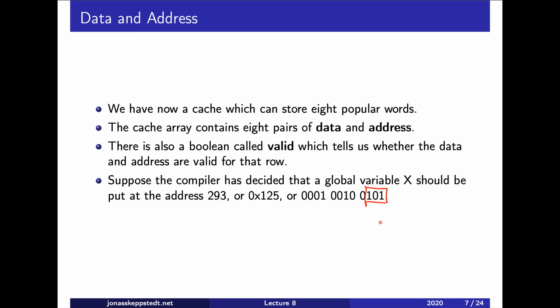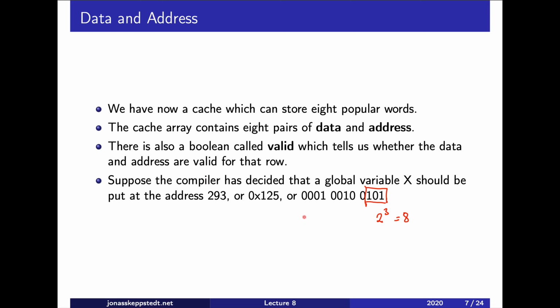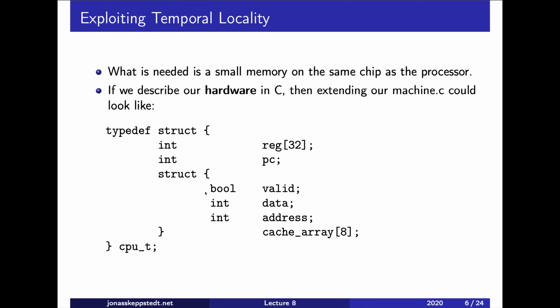It's 3 bits, so it's 2 to the power of 3 equals 8. This is quite obvious, and we can just use this and check if all of the bits, I mean the whole address, match the value in this variable.